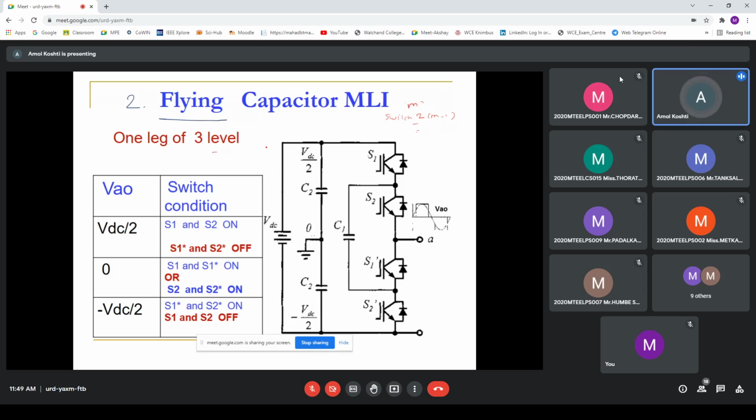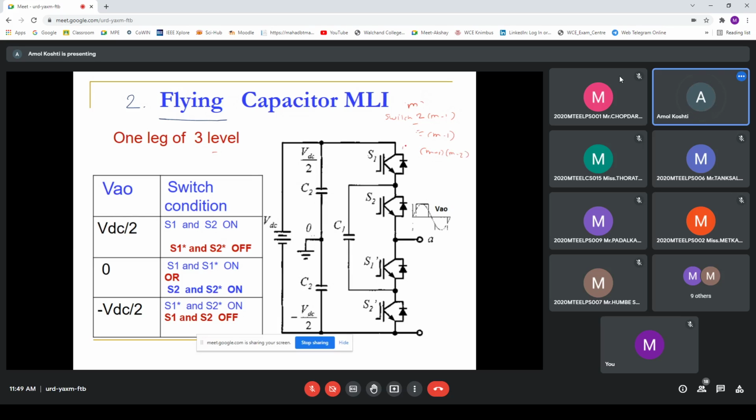Then how many input capacitors do we require? The input capacitors required are M minus 1. And there is a difference only for the flying capacitors. So how many capacitors do we need here? For the flying capacitors, we have a formula, M minus 1 into M minus 2.